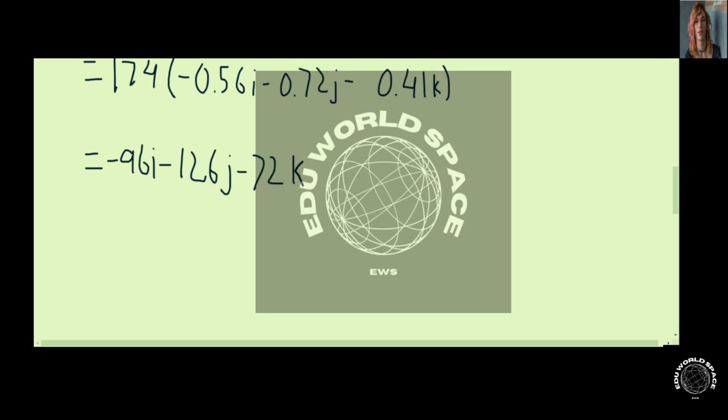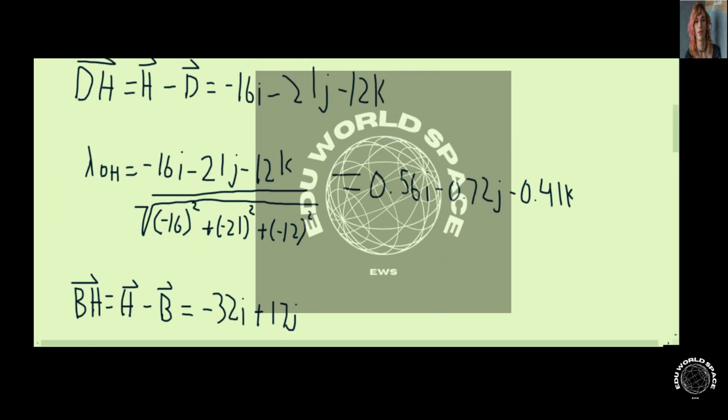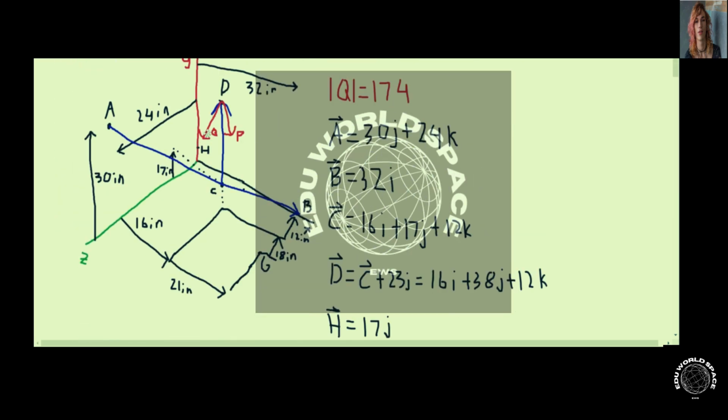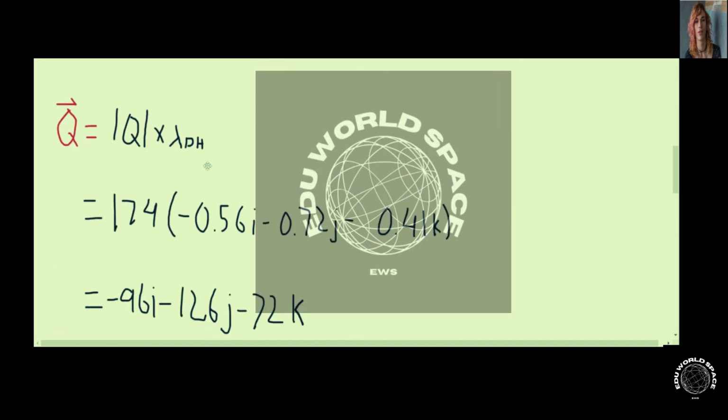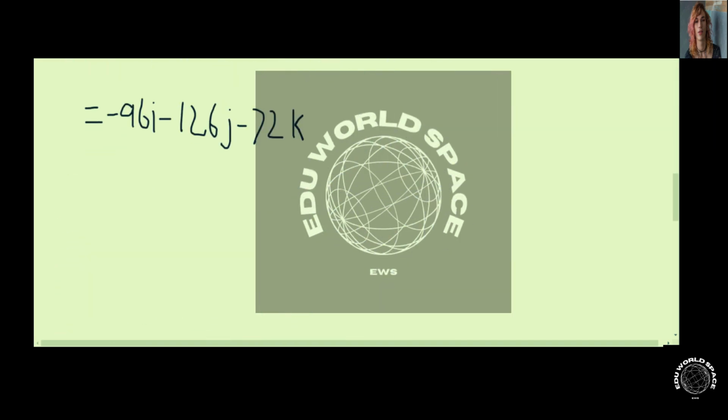And next we're going to find the unit vector of this Q vector. So the unit vector of Q is going to be equal to the Q vector divided by its magnitude.